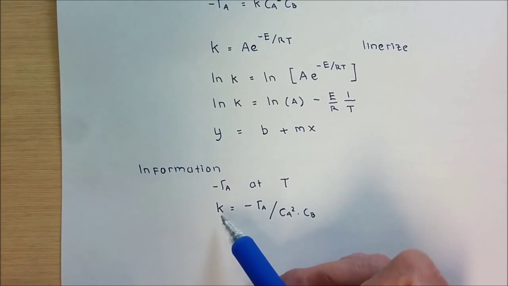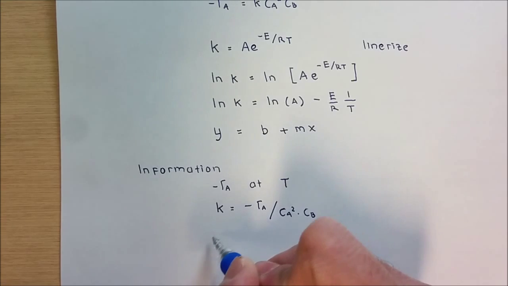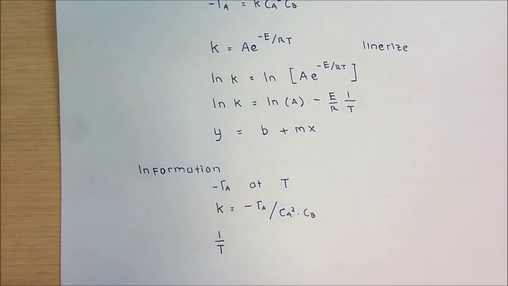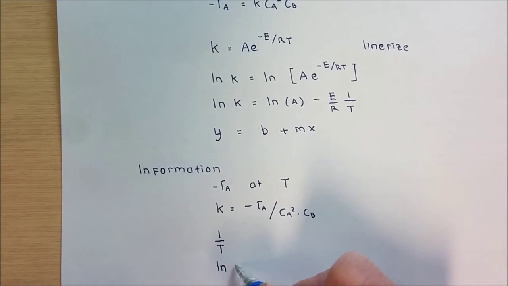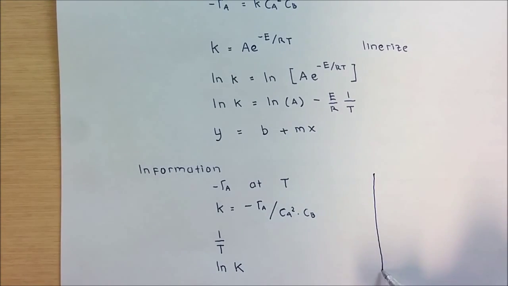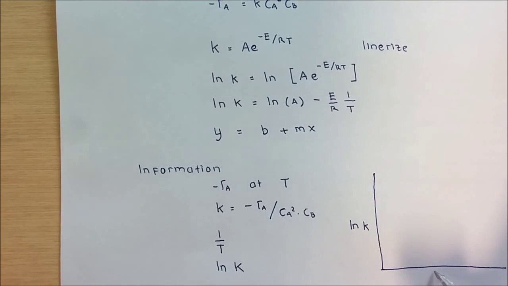So we can have different k at different T. And if we have T, we can calculate 1 over T. And since we got k, we can also calculate ln k. And then when we have this information, we can plot the value of ln k and 1 over T.